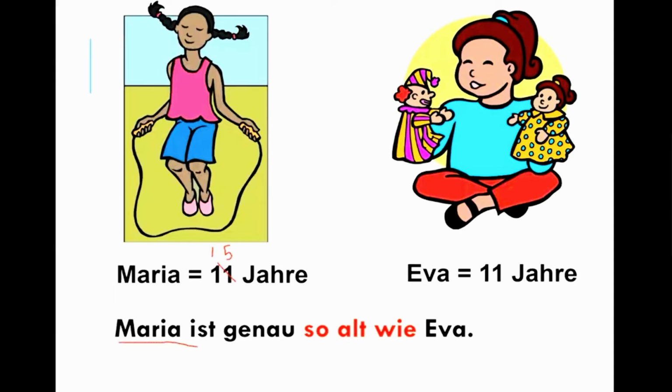Maria ist älter. A umlaut. Älter als Eva. Understood? But when they are both 11, we will say Maria ist genauso alt wie Eva. Is it clear now? Okay. Rupa, Kritika, any doubt? No.